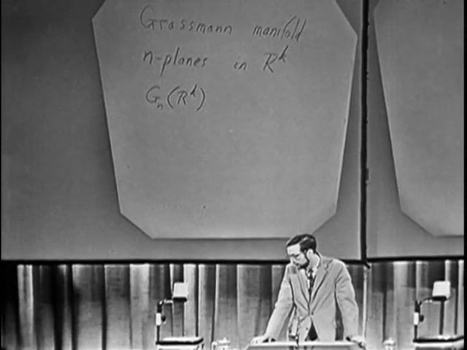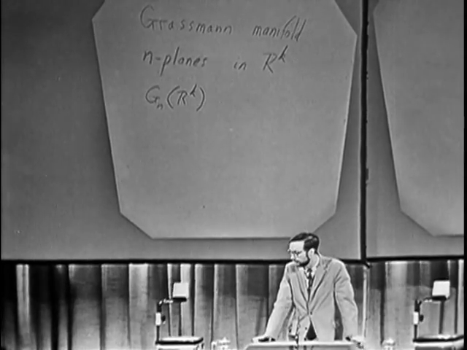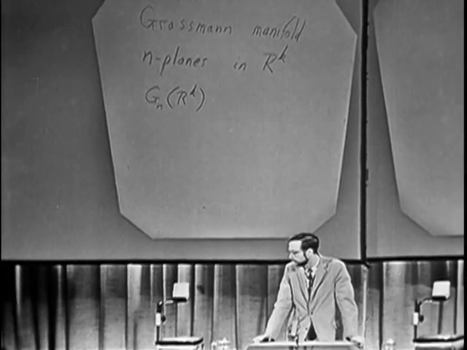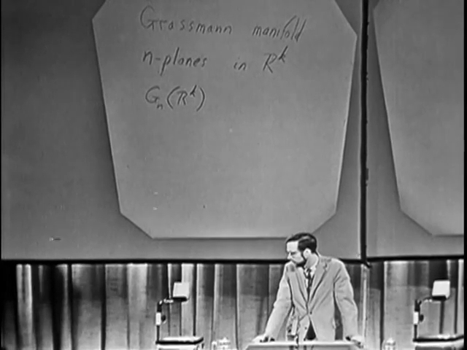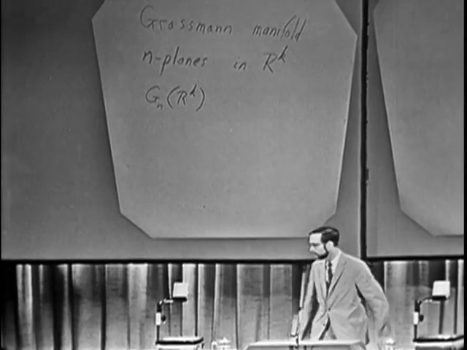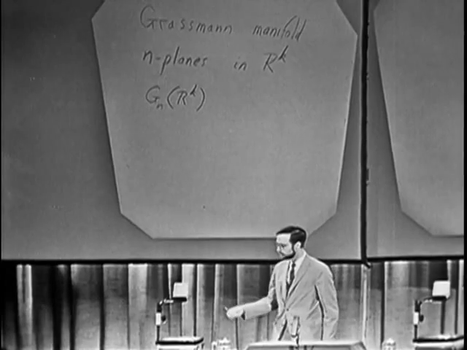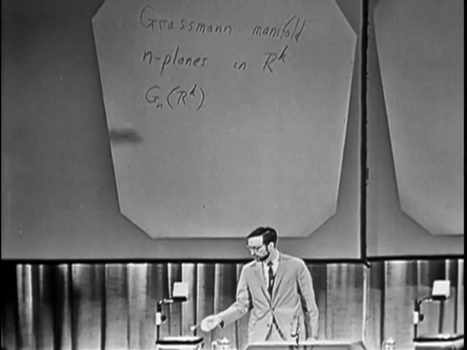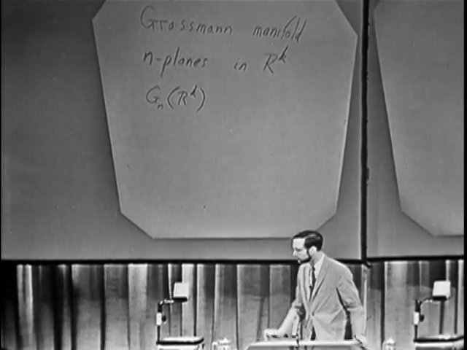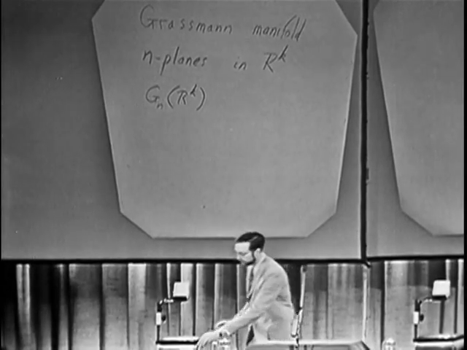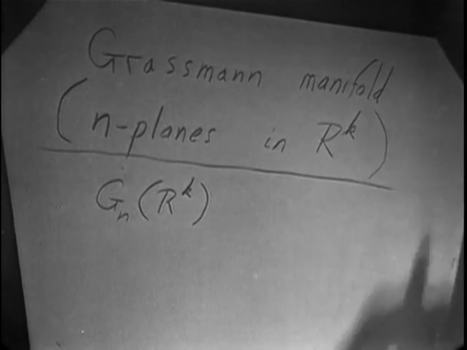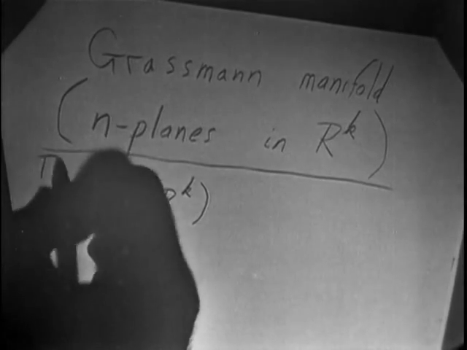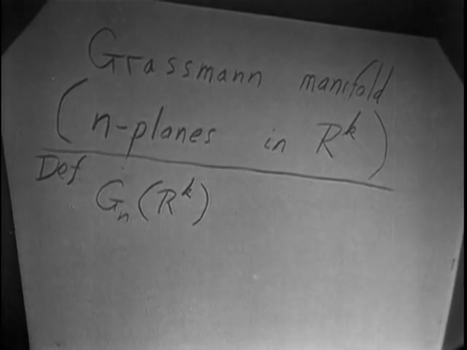And with the definitions I gave the first time, there's only one way I can make something into a smooth manifold. I have to describe it as a subset of a Euclidean space. So what I want to do now is to describe a natural way of embedding this set in a certain high-dimensional Euclidean space. So let me start over again and think of this just as intuition. But I'll take as definition the following.